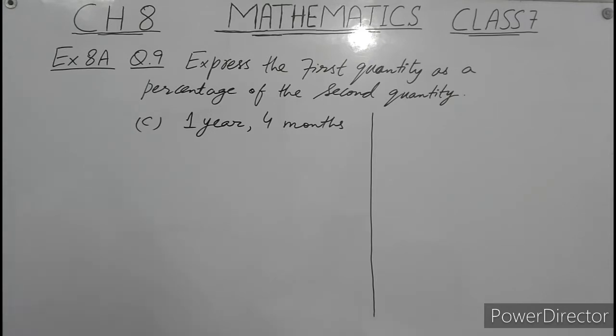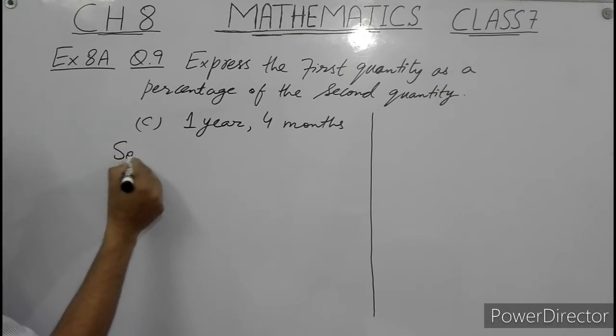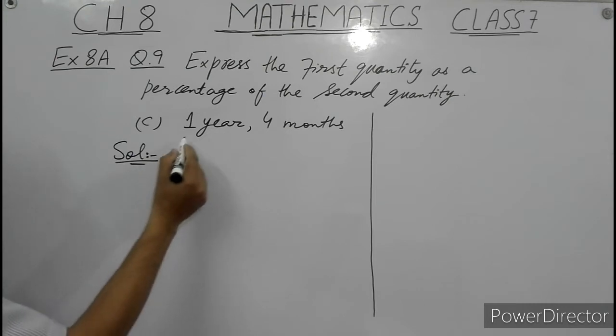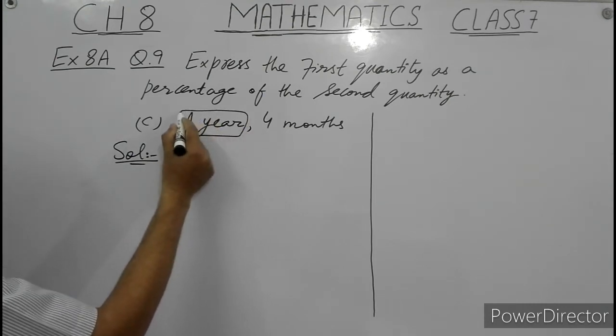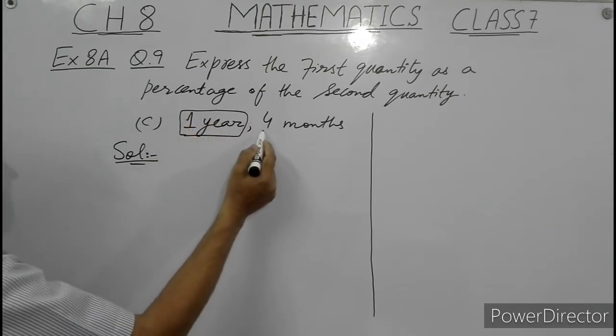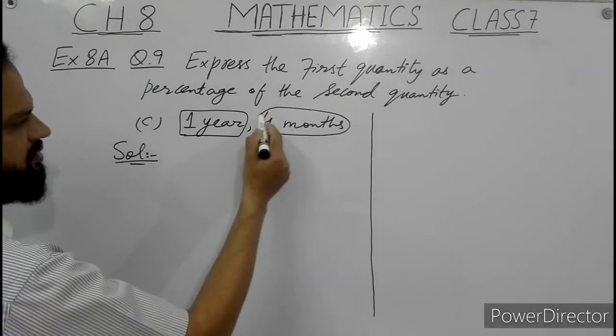Today I start with question number 9 C part. Express the first quantity as a percentage of the second quantity. First quantity is 1 year. Second quantity is 4 months.